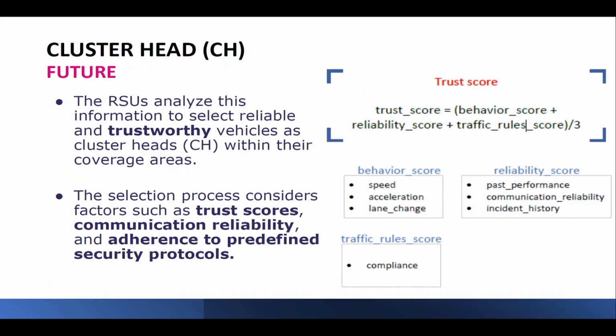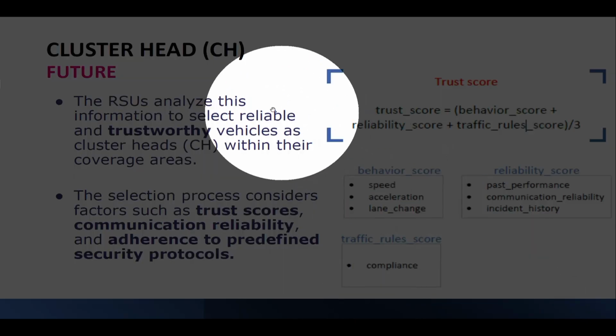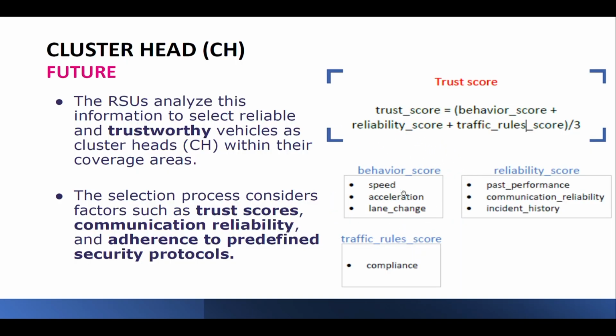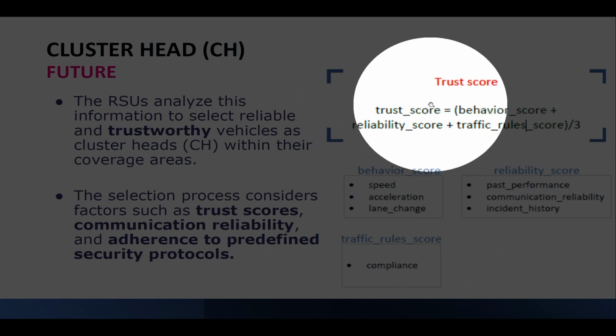So what we plan for the future is to use trustworthiness. We have to give the role to the RSU, this other approach, to say, you are a cluster head if you have the best trust score.